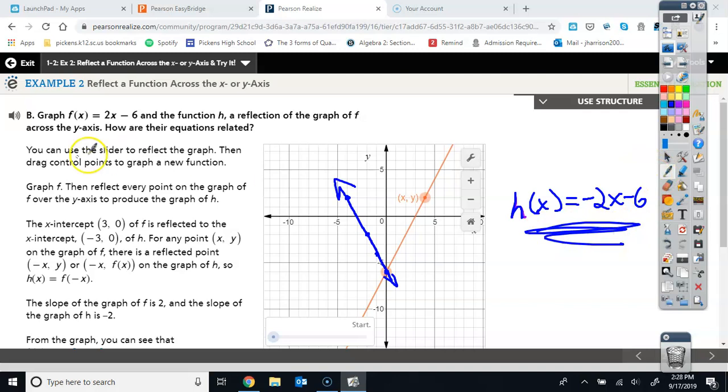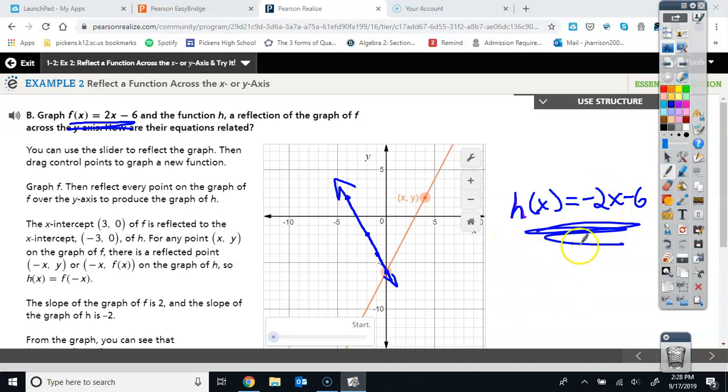Now look at that one compared to this one. Notice that the whole function does not change like it does when we reflect it across the x-axis. When you reflect it across the y-axis, only the slope changes.